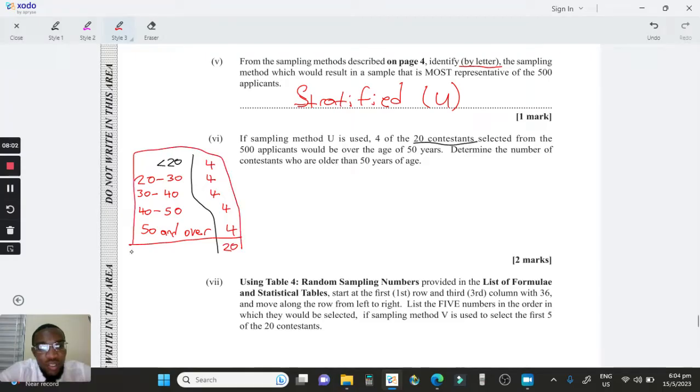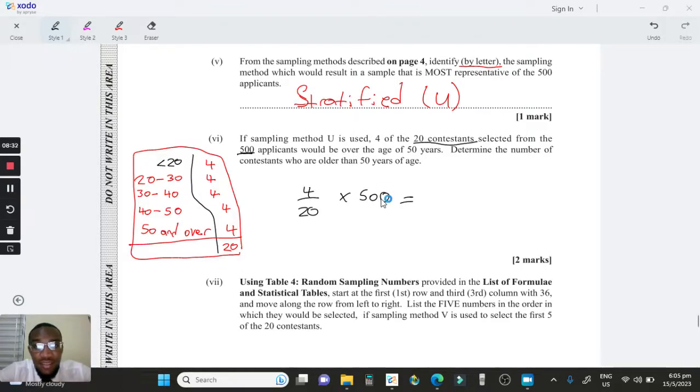Now let me read what they're asking. Determine the number of contestants who are older than 50. So they want us to tell them, out of the 500, how many would be over 50. Remember, from the 20 contestants, we have 4 out of 20, so multiply it by 500.